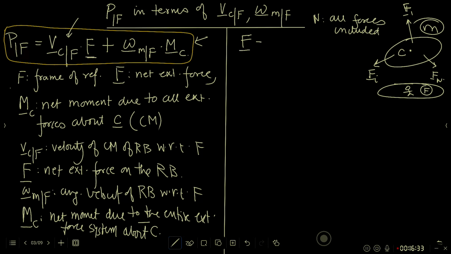Then F is basically the summation of Fi, i going from 1 to n, and MC will be the summation of RIC crossed with Fi, i from 1 to n.